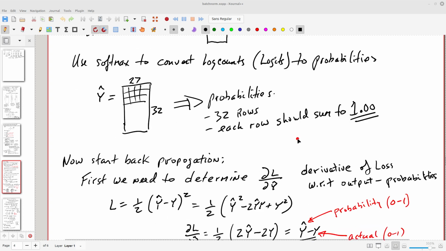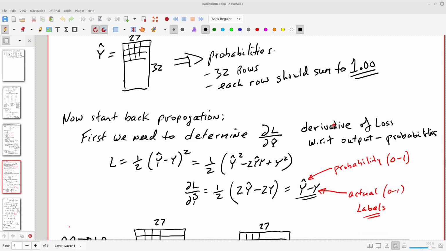And then finally, we can start backward propagation. And this is where I guess it gets to be even more complicated in C, because we have to do all the dirty work ourselves. So the first thing we need to do is to determine the loss with respect to our predicted outputs, dL/dy predicted.